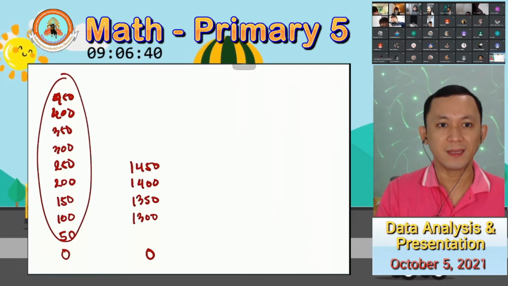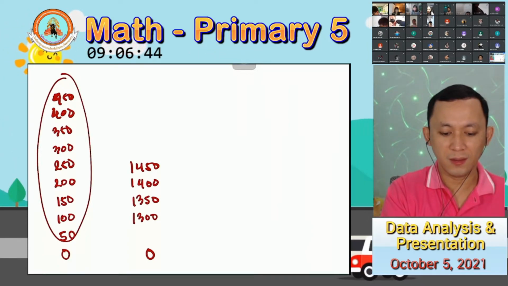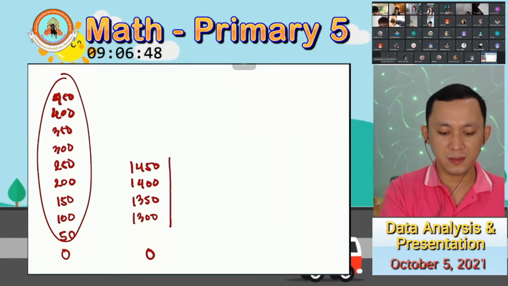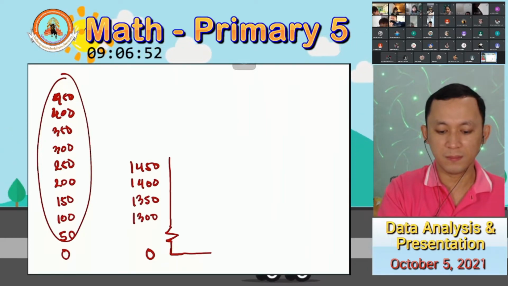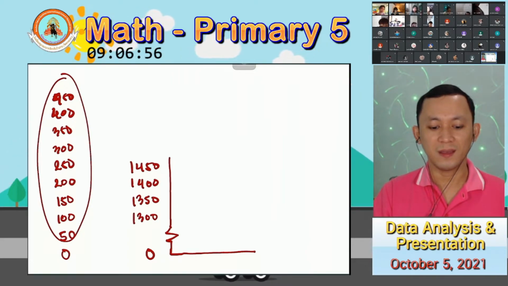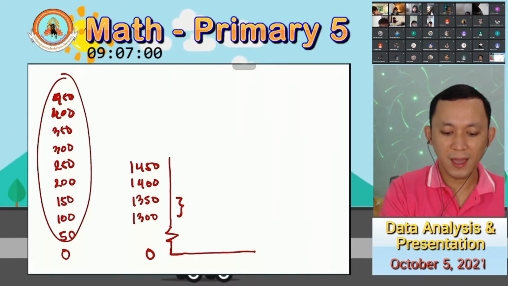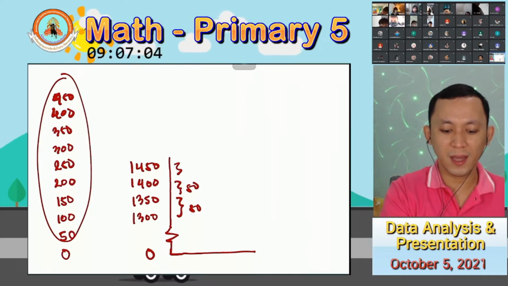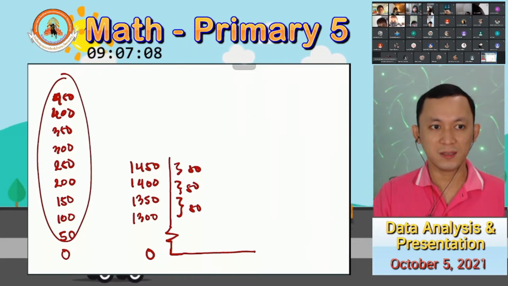So we are going to draw our kink. If this is the axis, each step is 50, so they are the same.